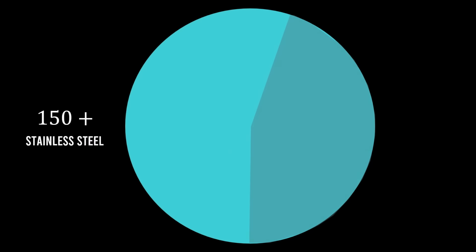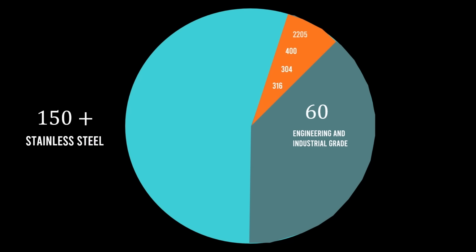Now, it's also important to understand that all the steel grades are not available everywhere. For example, there are more than 150 types of stainless steel used globally, but only around 60 of them are commonly used in engineering and industrial applications. And in the open market, you will typically find just 5 or 6 grades available.